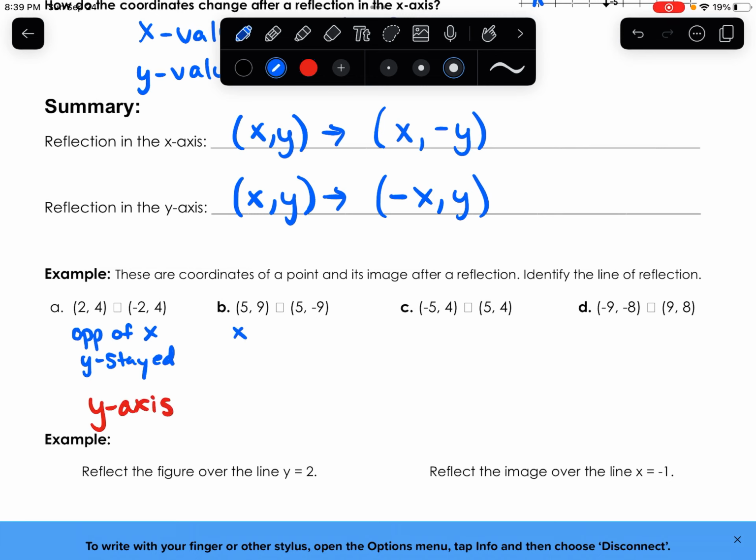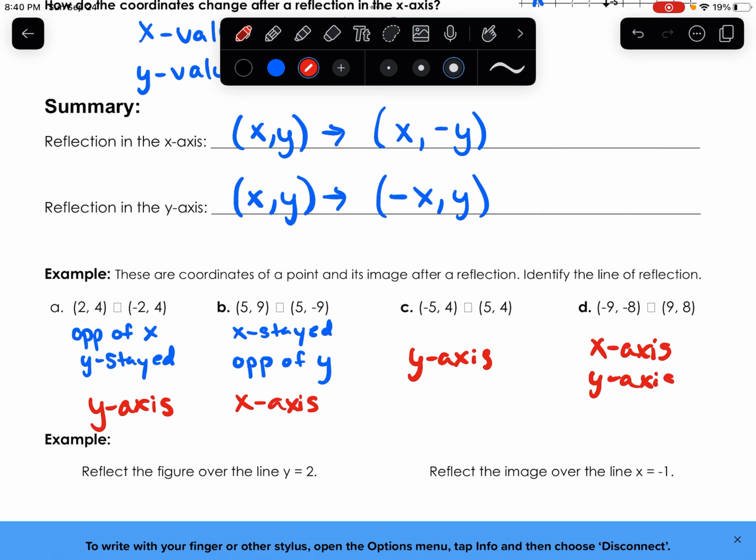The next one, x stayed, and this is the opposite of y. So that means it was reflected across the x-axis. In C, that was the opposite of x. So that's across the y-axis. And in D, that is the opposite of both. So it was reflected over the x-axis and y-axis. Okay, it was both.